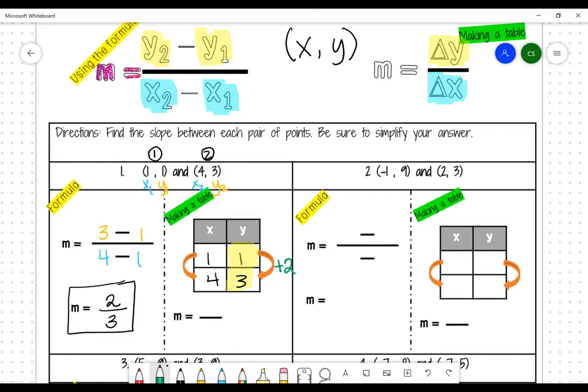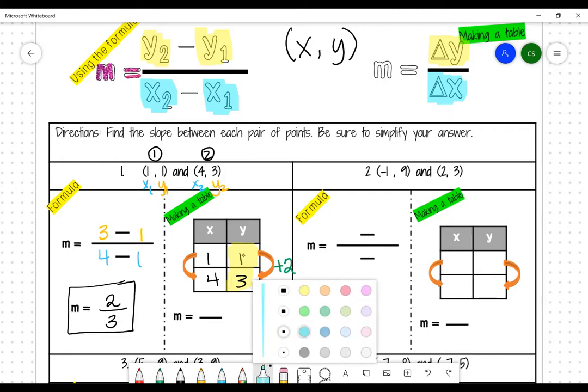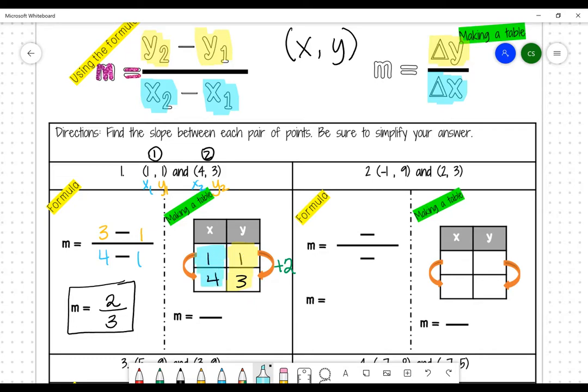It's increasing by 2. Well, what about my x values? From 1 to 4, what is happening? It is increasing. Increase means positive by how many? 2, 3, 4. It's increasing by 3. So my change in y is 2, and my change in x is 3. So my slope, positive 2/3.